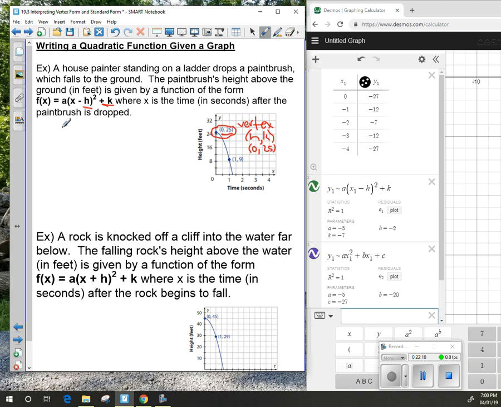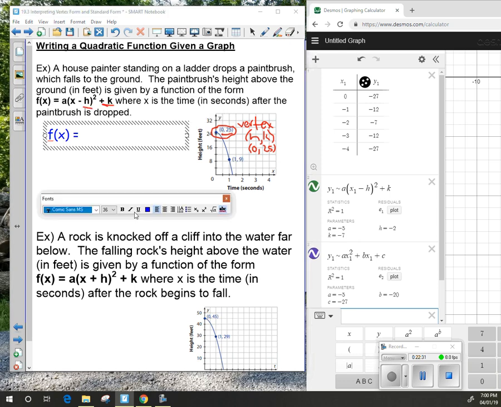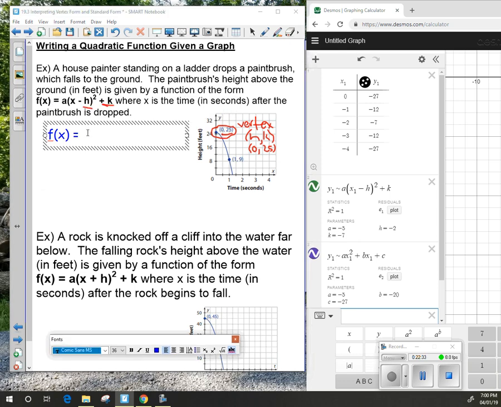So when I go to write this, I think it's easier for me to type it in here so that you guys don't have to deal with my horrible writing with the mouse. This would be f of x is equal to, my a value, that's what I don't know yet. And then I'm going to have x minus, my h value is 0, squared.